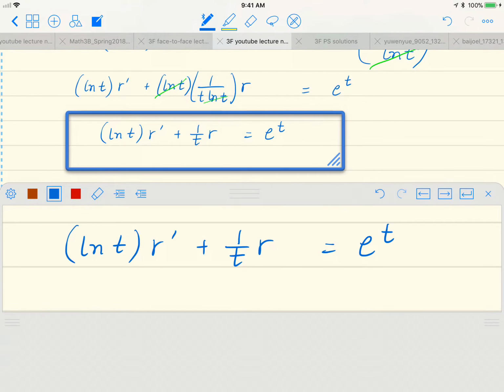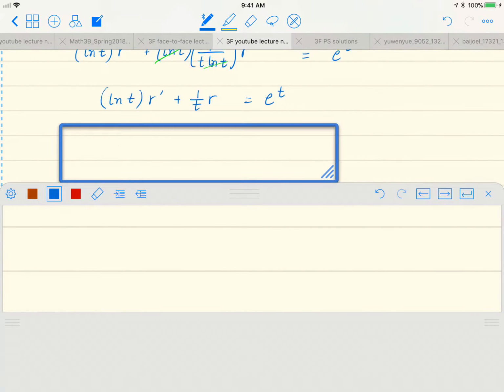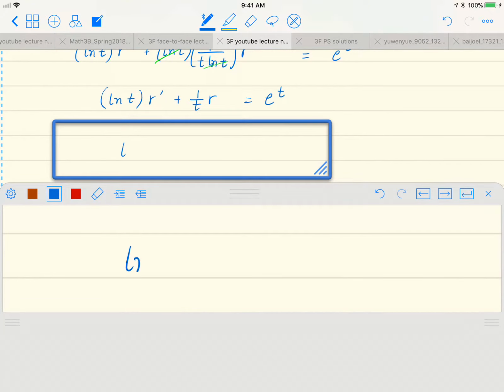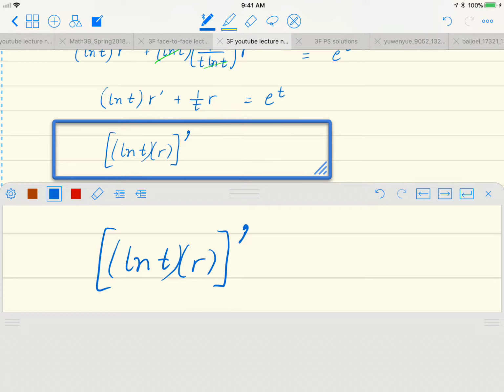This left-hand side is equal to the derivative of natural log of t times r. So I can rewrite this as natural log of t times r, prime, equals e to the t.